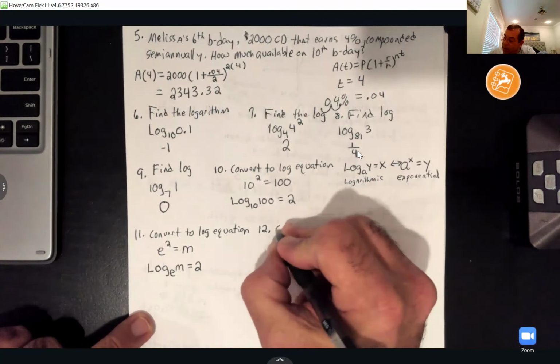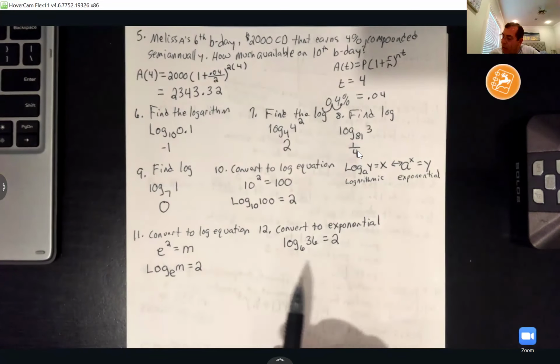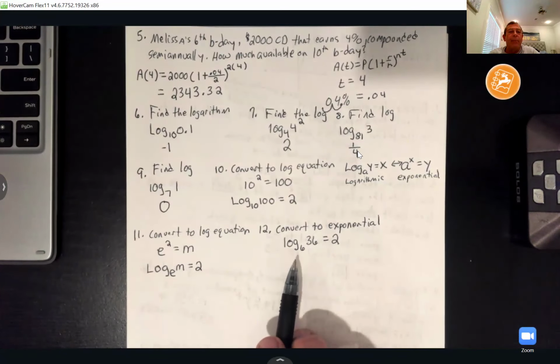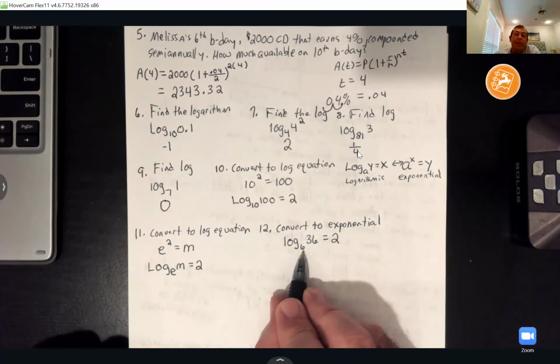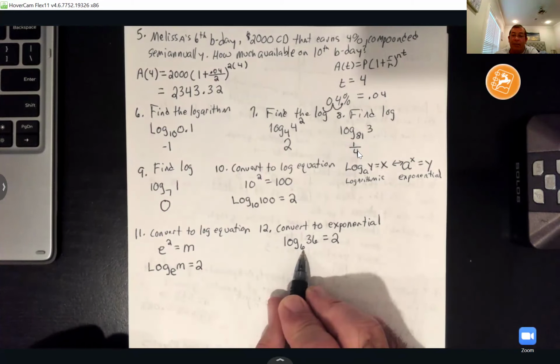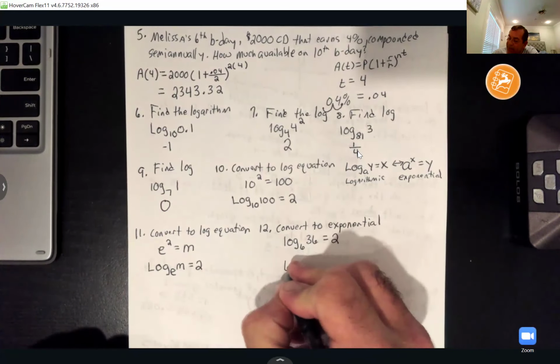For 12, they're giving me a log base 6 of 36 equals 2. So here's the first question. What is going to be the base of my exponential equation? So 6, yeah, because the base of the exponential is the same as the base of the log. All right, so you got a 6 there.